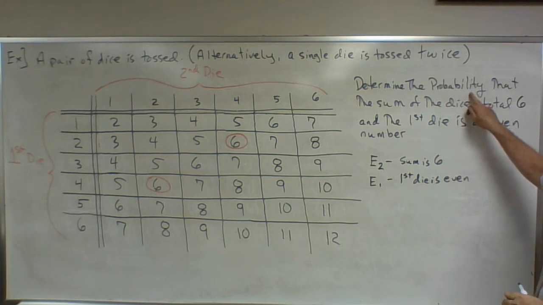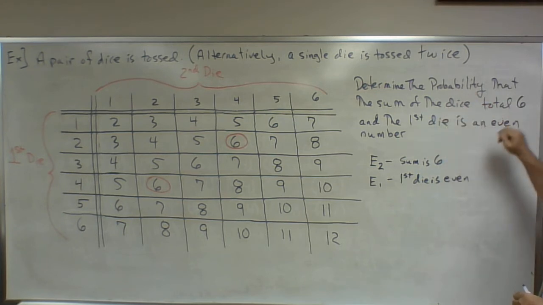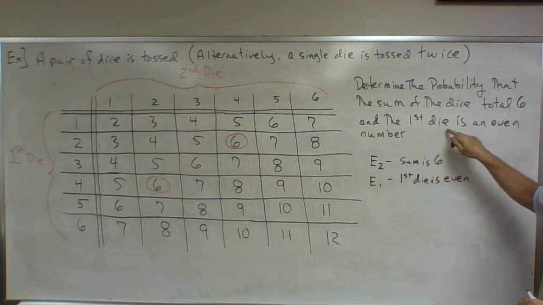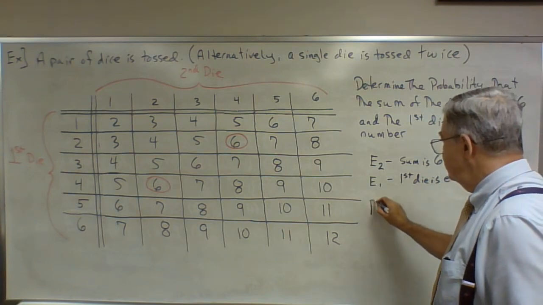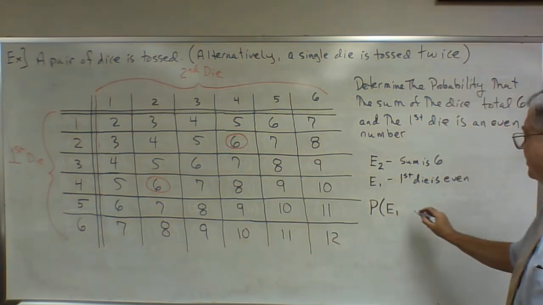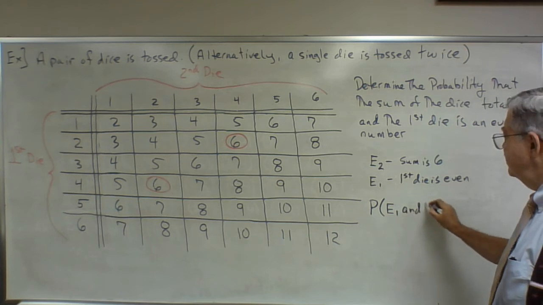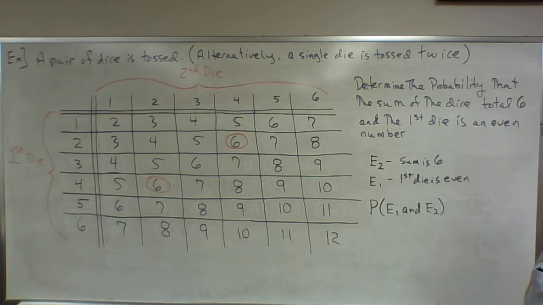We're computing the probability that the first die is an even number, and the second is that the sum of the dice totals 6.